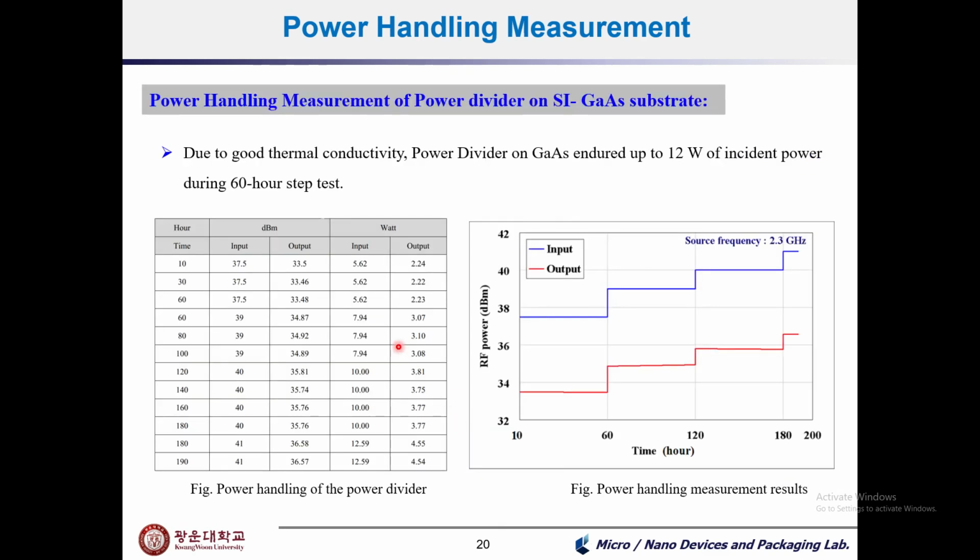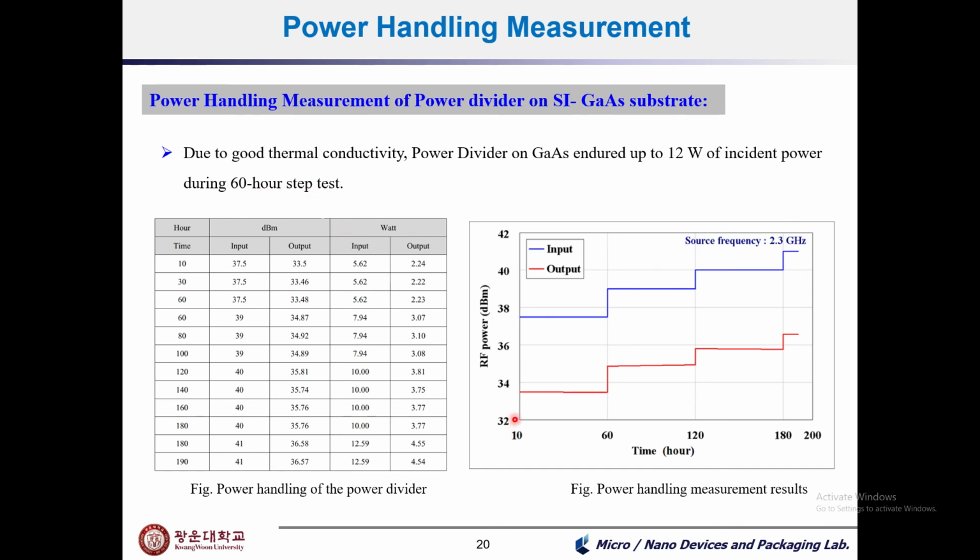So these are the power handling data of the power divider. After continuous operation of 60 hours, due to the good thermal conductivity of the power divider on gallium arsenide substrate, this power divider endured up to 12 watt of incident power during the 60-hour step test.